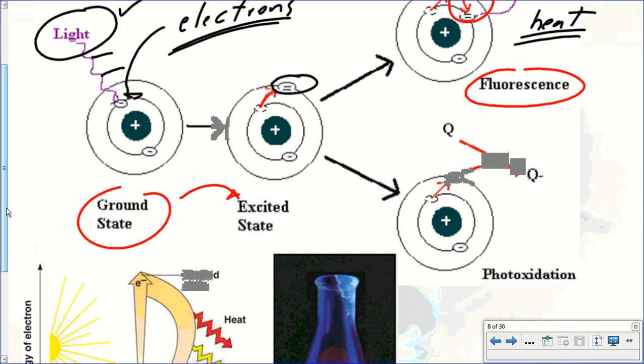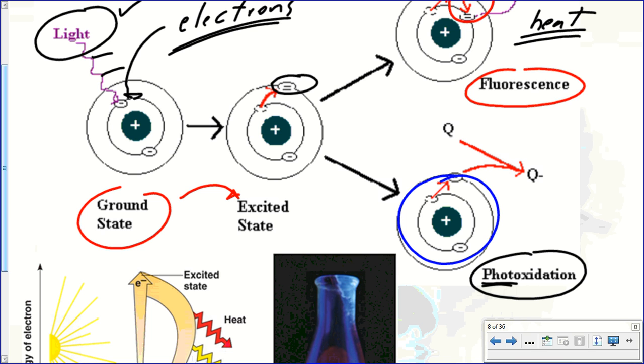Having said that, that's not what happens in plants. What happens with plants is something referred to as photooxidation. Photo is referring to light. Oxidation means the loss of electrons. Not only are those electrons becoming excited, but they're becoming so excited that those electrons are going to be completely stripped away from that original atom, element, molecule, pigment in this case, and they're going to end up going somewhere else.